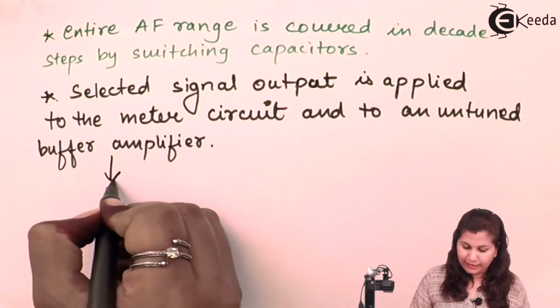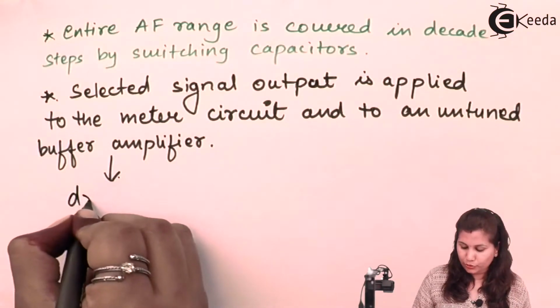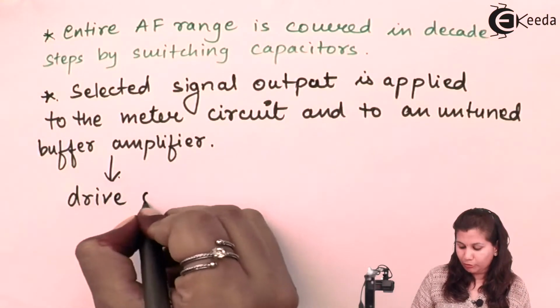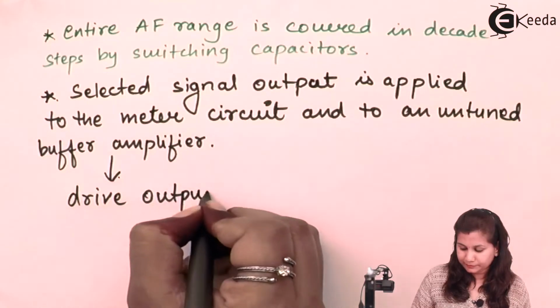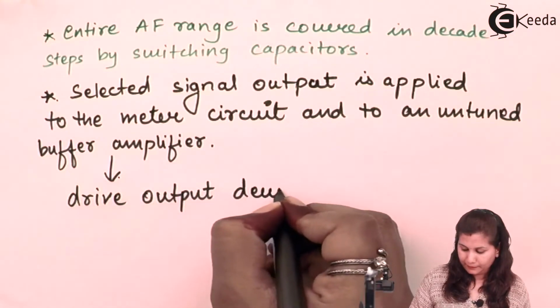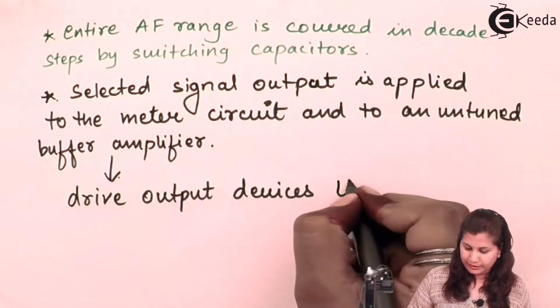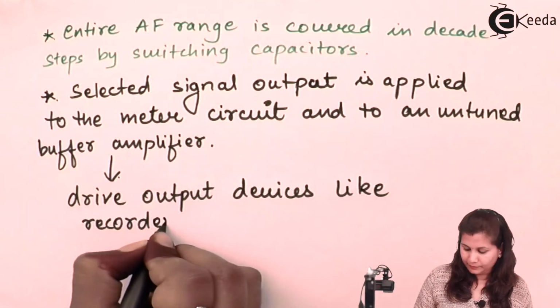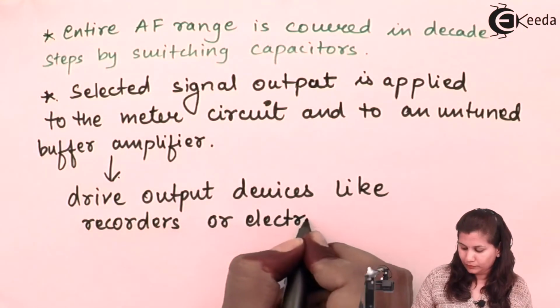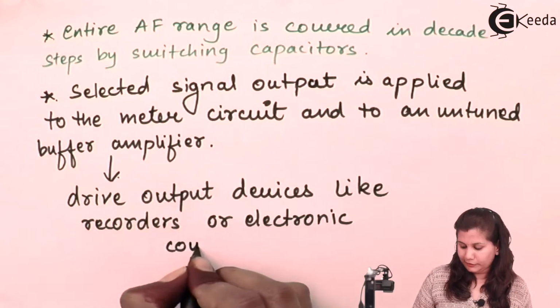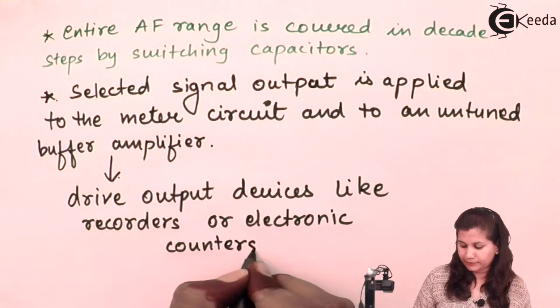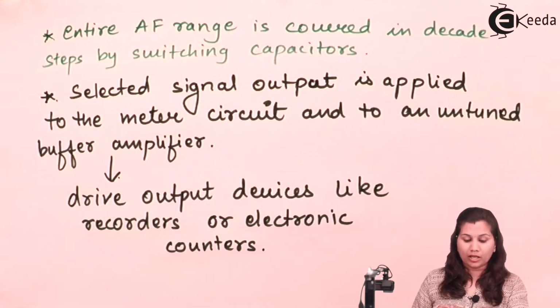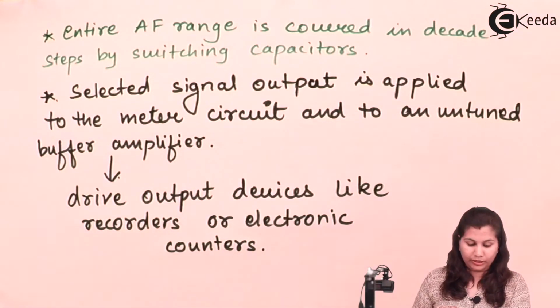So this buffer amplifier is used to drive the output devices like recorders or electronic counters.